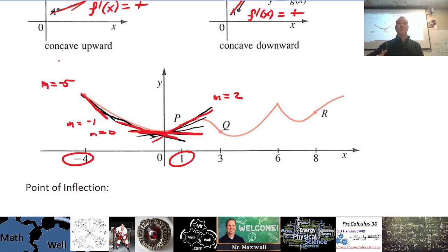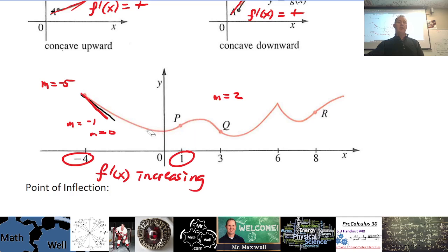The values of the slopes are increasing. So they are changing in such a way from negative to positive. They're getting larger, okay? So yes, the first derivative is increasing from -4 to 1. We can see that, all right? And that's where it's concave up, okay?